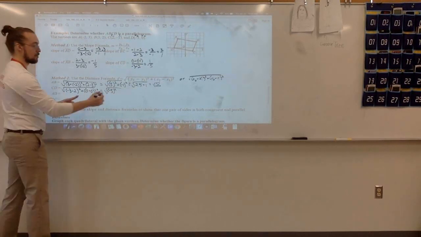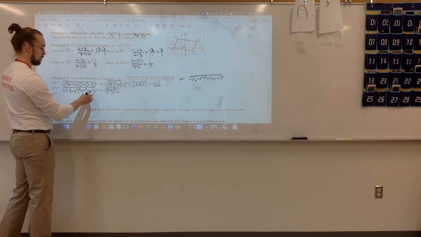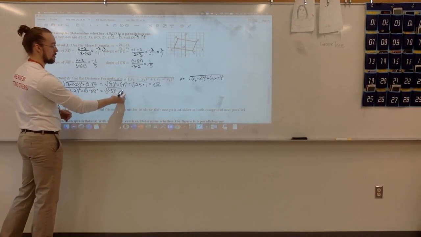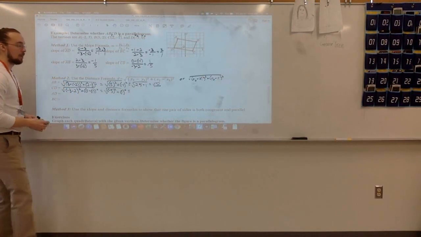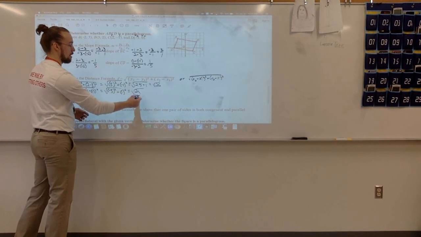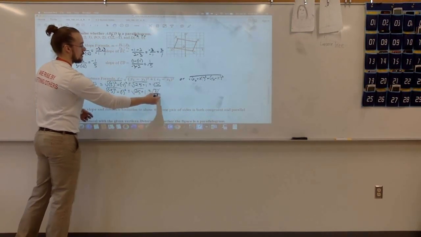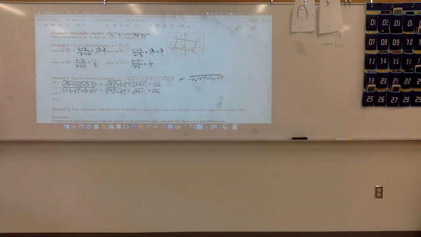And 0 minus 1, that should have been negative 1. 0 minus negative 1 is positive 1. So negative 5 squared is positive 25. 1 squared is 1. We get the square root of 26 for the length of CD. So AB and CD have the same length.